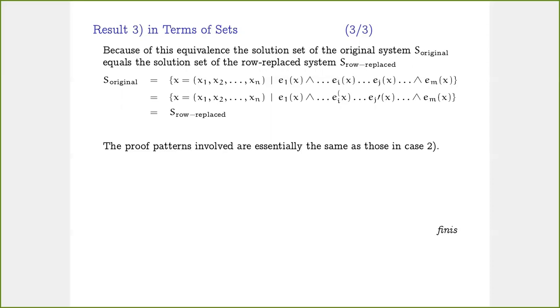These two logical expressions are logically equivalent as they have the same truth values, so they determine the same set of elements. So S original is equal to S with the row replaced by the combination. The proof patterns used in this are essentially the same as those in case 2. And we've proved all three. So therefore, we know that Gauss's method is safe.